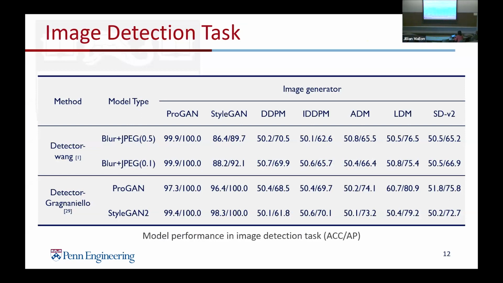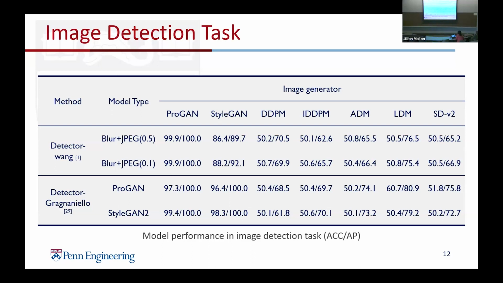model performance, which has 4 detectors, where 2 of them are from Wang. Based on the data augmentation, it is divided into blur plus JPEG with 0.5 probability and 0.1 probability. And we have 2 detectors from Gragnaniello, which are pre-trained on different datasets.